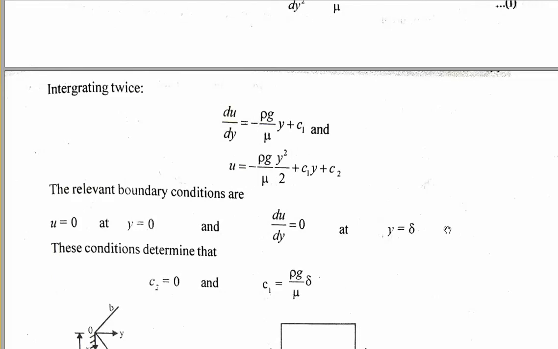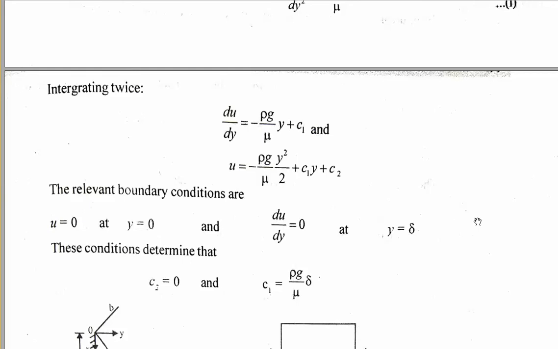Integrating this equation twice, we will get u is equal to minus rho g y square by 2 mu plus c1 y plus c2.